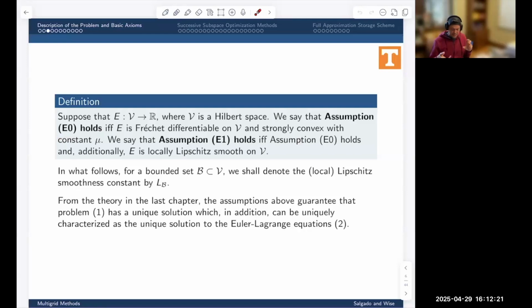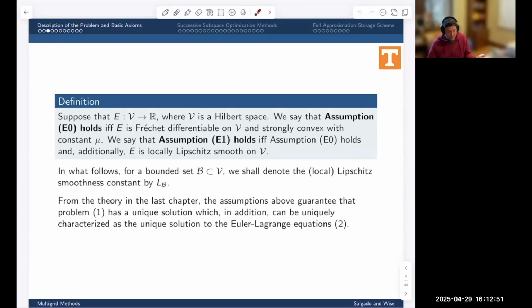The next assumption is needed for all practical purposes, and that is the assumption that E is locally Lipschitz smooth on V. And so what I'm going to call E1 is then essentially E0 plus that additional point. And you need that in order to prove that our standard algorithms converge.